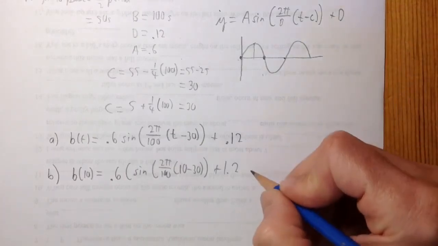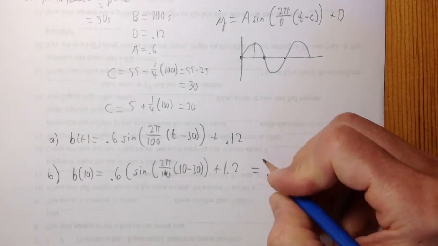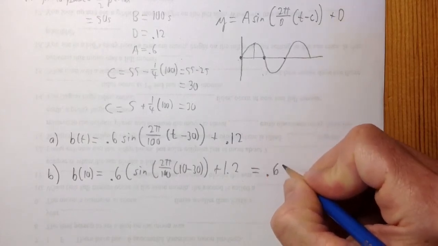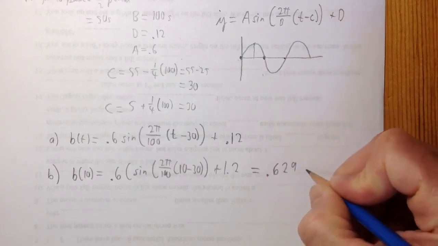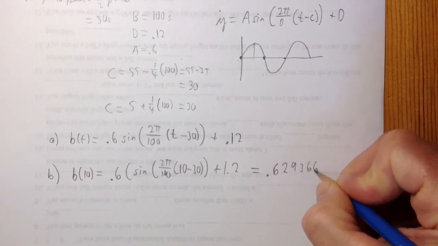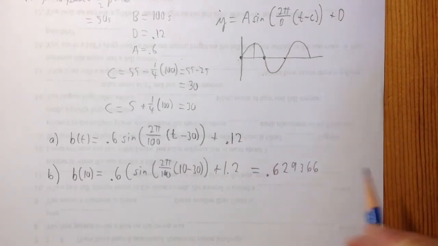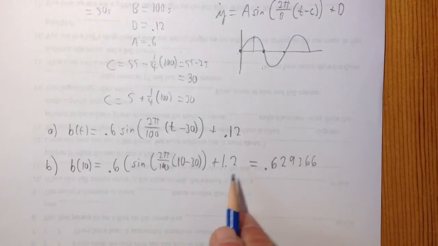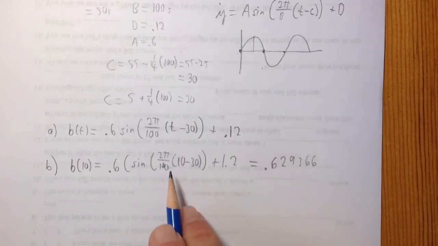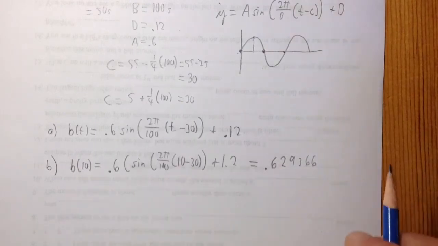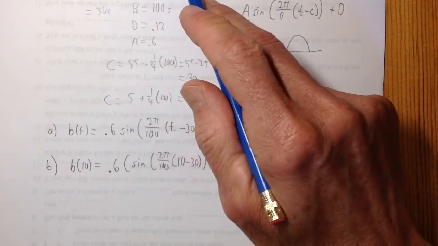And I get in my calculator, which keeps lots of decimal places, 1.1629366, and that's good enough. So make sure you can plug it in yourself and get that. If you can get one of them, that's fine. We don't need to do it for 15 and 20 and 25.